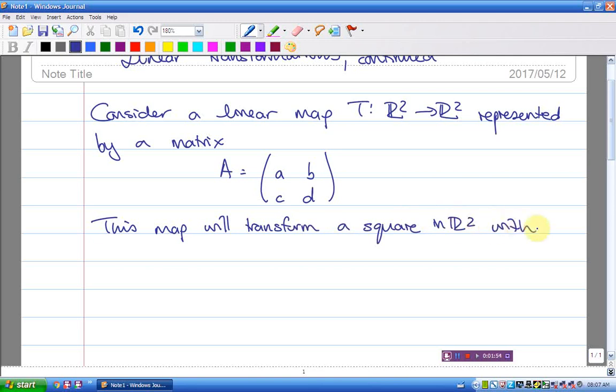So what I'm going to do is take a unit square in R2 and transform it under this ABCD transformation, see what it turns into, and then what I'm really interested in is the area. What's the area of the image?